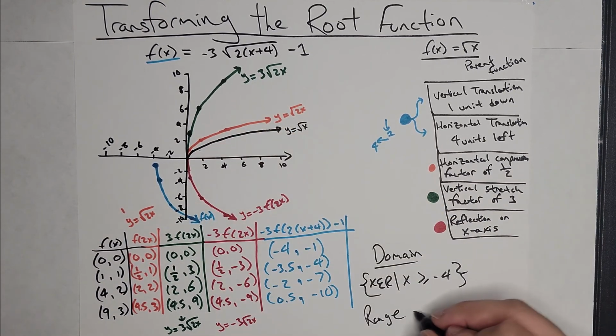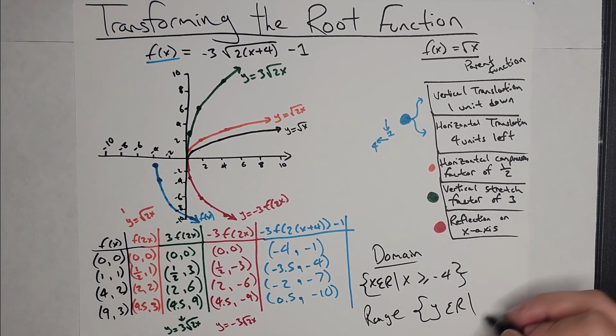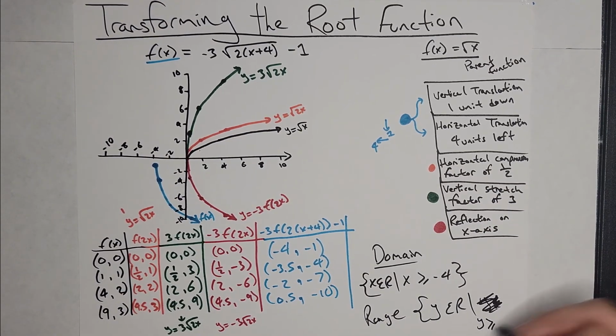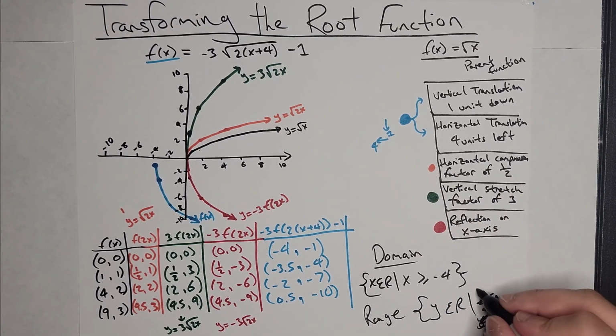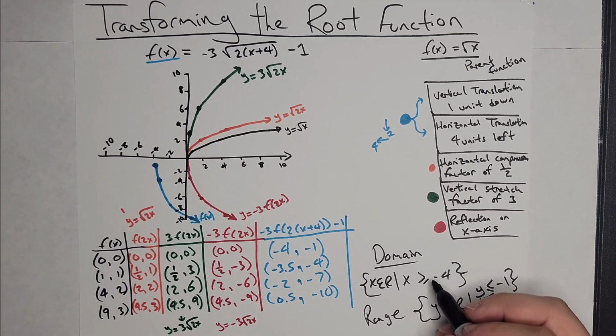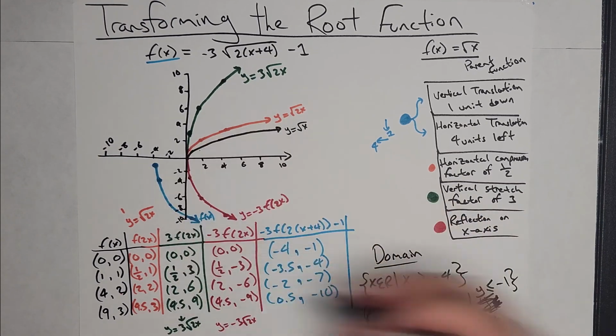So our y is going to be all real numbers, but limited to y is greater or equal. Sorry. Y is less. No, I had it right the first time. Y is less or equal to -1. But yeah, x is going to continue in the positive. Y will only go down.